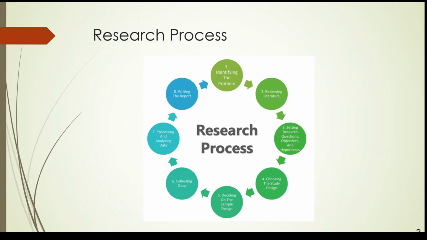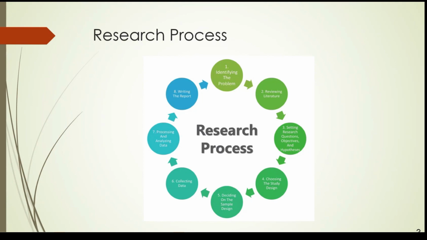The research process. These are the generic steps in doing research. First, we need to identify the problem. The problem can be identified through experience, especially by reading existing works done by other researchers.